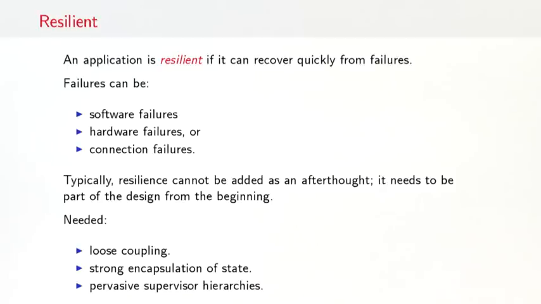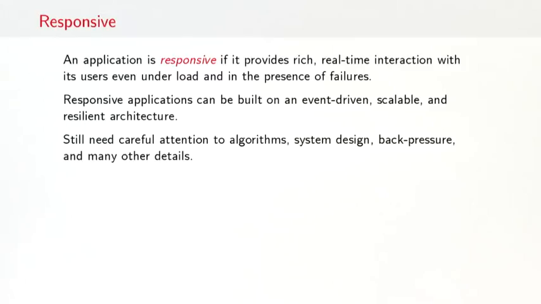It needs to be part of the system design from the beginning. Important techniques for constructing resilient systems are keeping your components loosely coupled, having a strong encapsulation of mutable state, and having pervasive supervisor hierarchies. Finally, an application is responsive if it provides a rich, real-time interaction with its users, even under load and in the presence of failures.